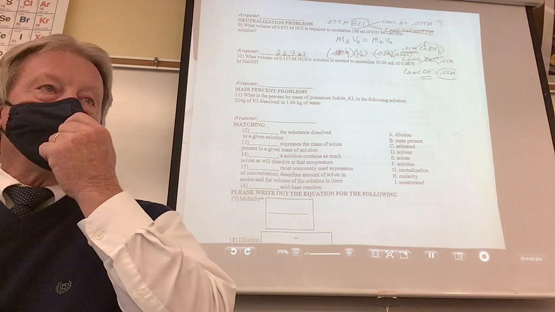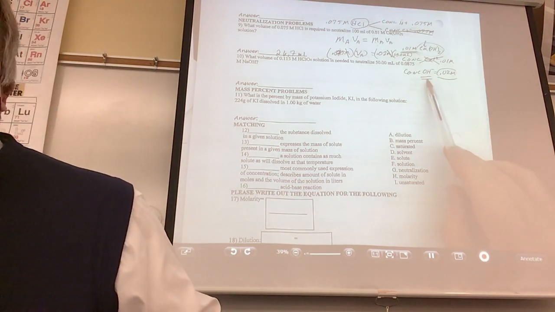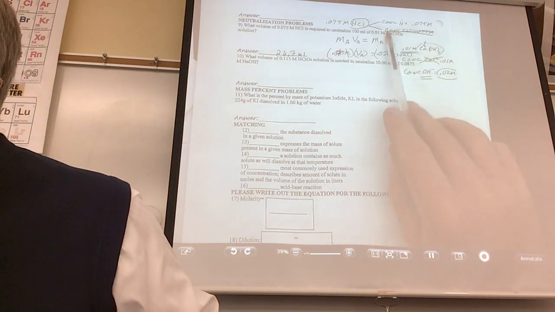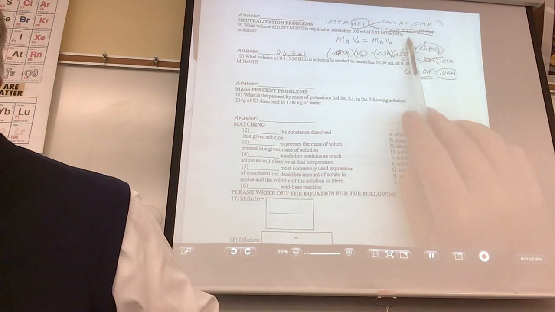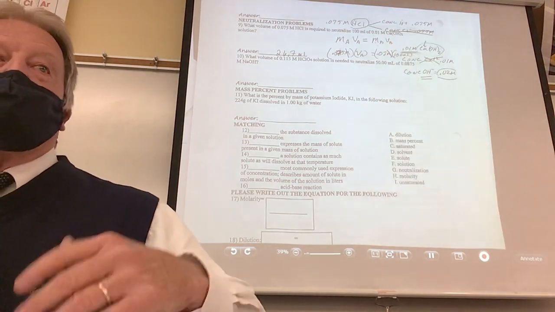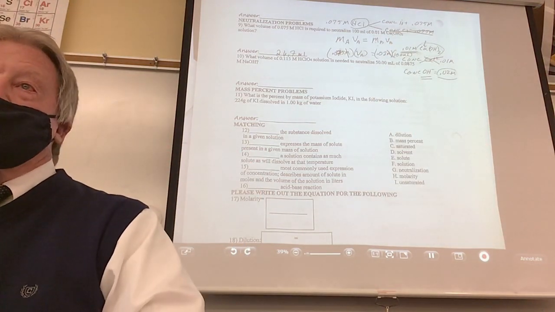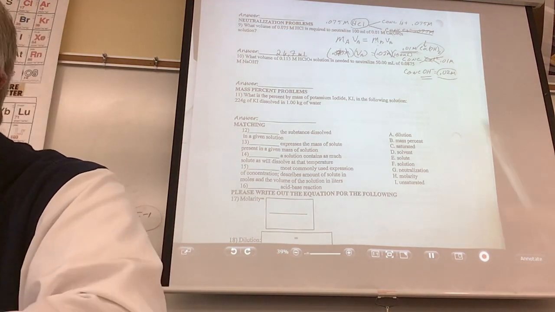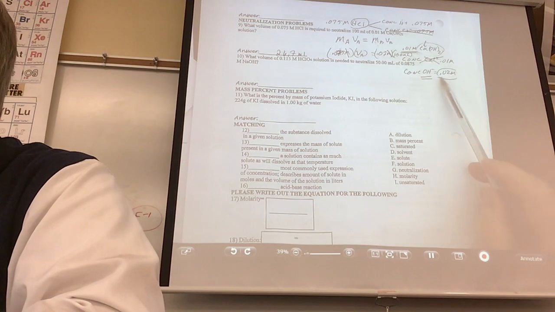I had you write it down, but what I really want is the concentration of what? This? And for every one of those, how many hydroxide ions do you get? You get 2. So there must be twice as many hydroxide ions as there are calcium hydroxide particles, big things. So that's why I had to multiply that by 2.